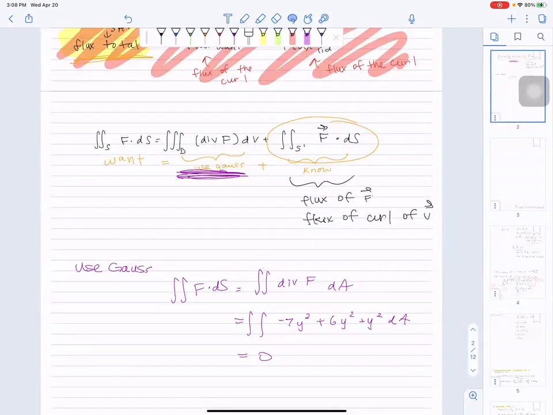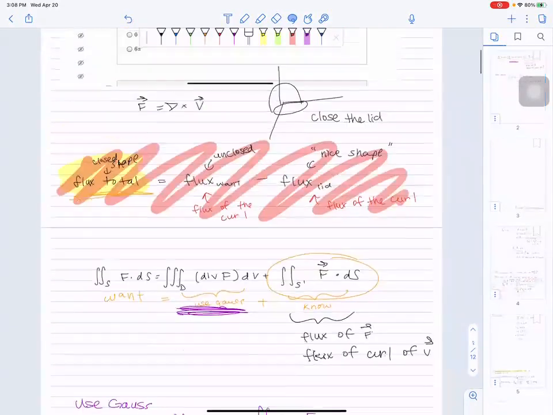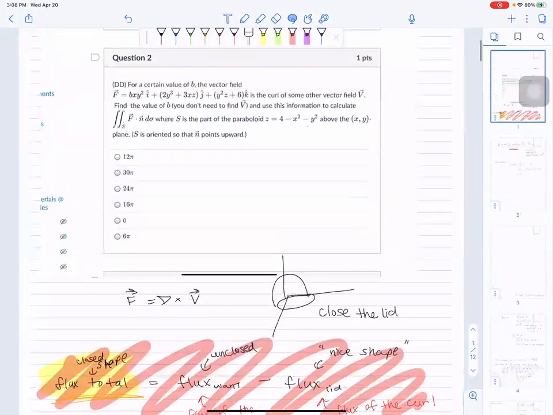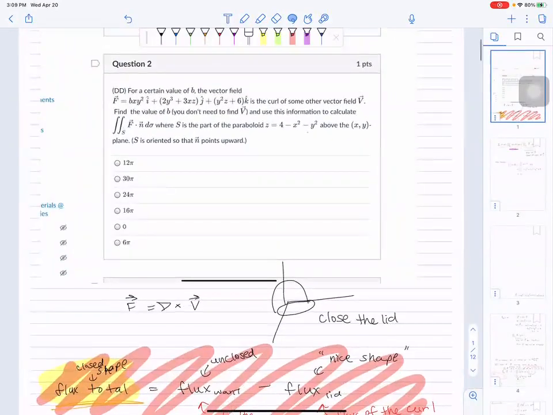Question: why can't you just use Stokes for the bottom boundary? But then you'd have to know V bar. We're going to use those to find the flux for the whole shape.